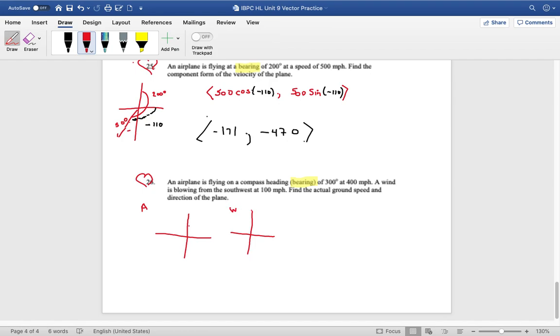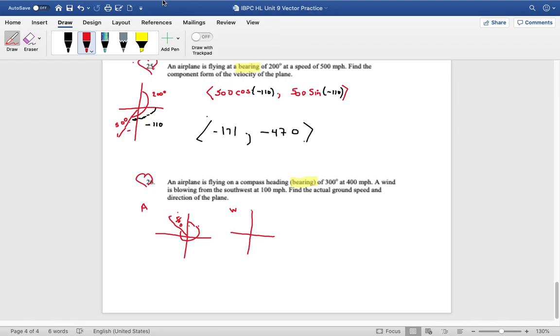So what's going on? So a plane is heading with a bearing of 300. So I need to go around to 270, go all the way around to 270 plus a little bit more. And there's my plane. How fast is it going? Hold on, sweetie. I'm almost done. 400.